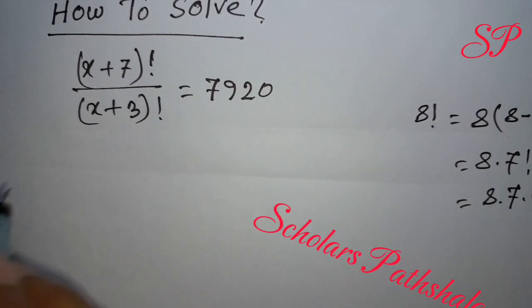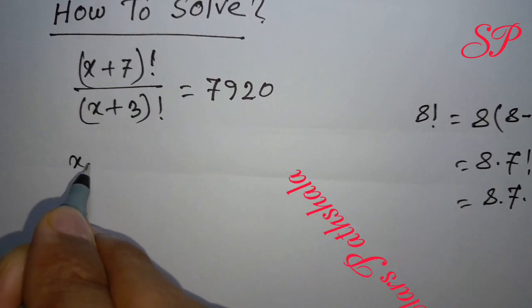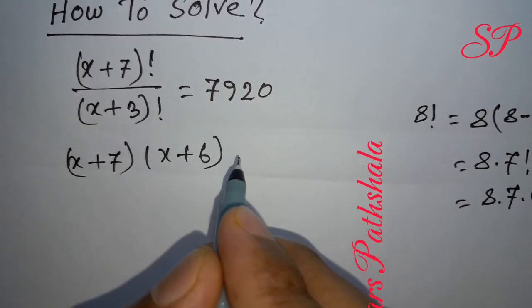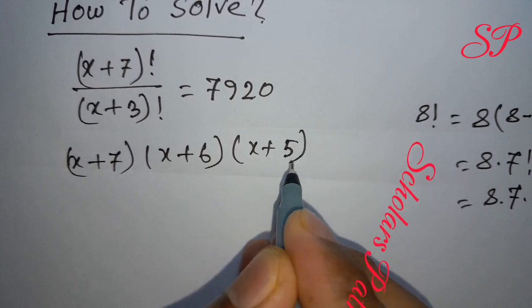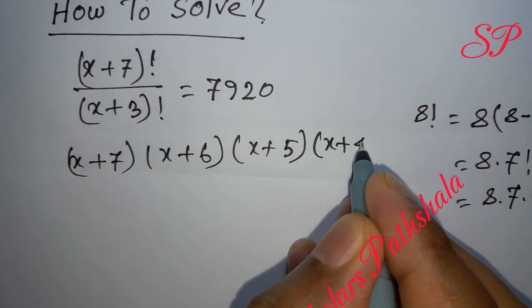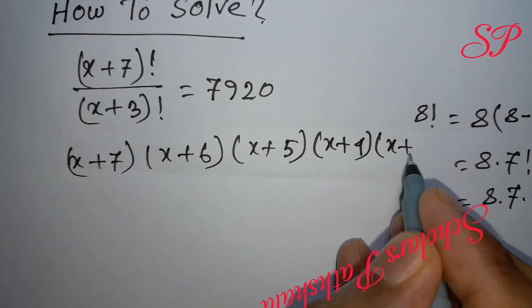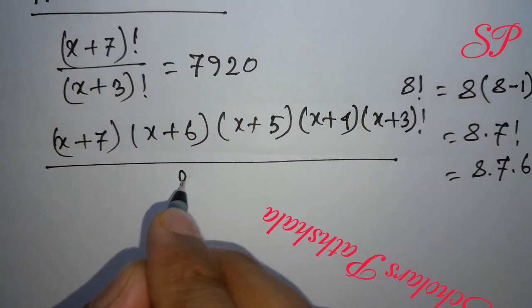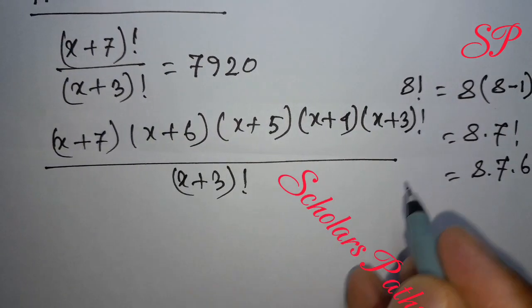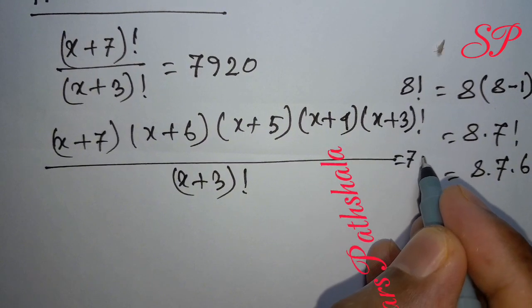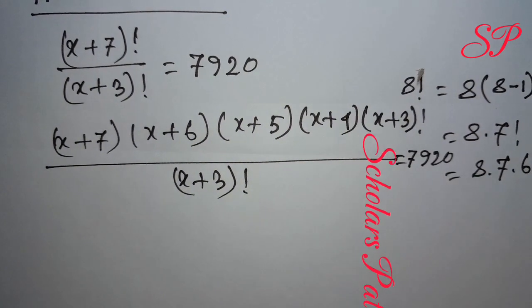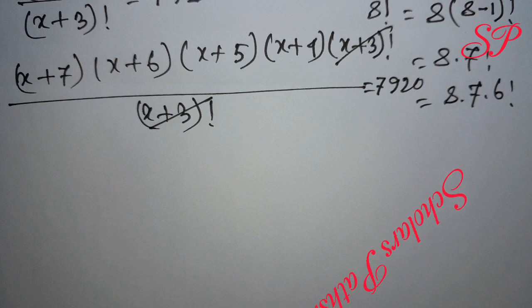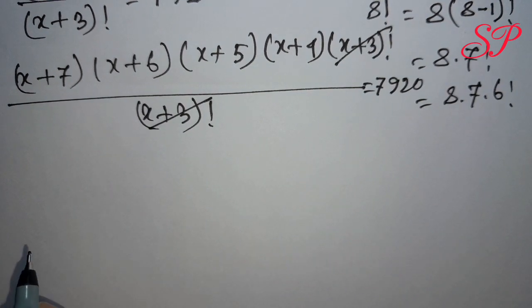So we can write here (x+7)(x+6)(x+5)(x+4)(x+3)! divided by (x+3)! is equal to 7920. Next, we can write that (x+3)! and (x+3)! cancel.